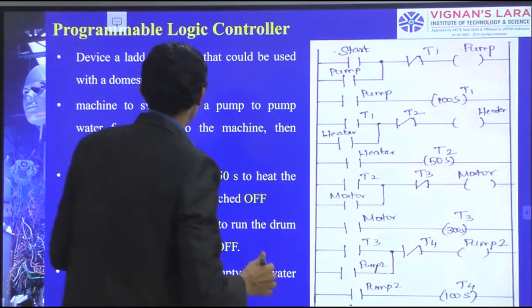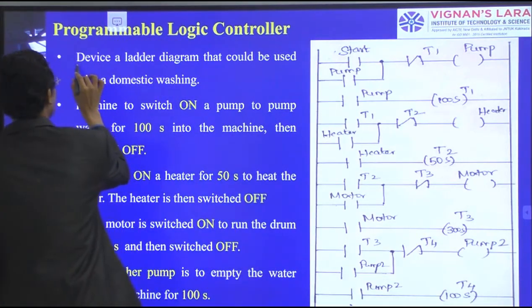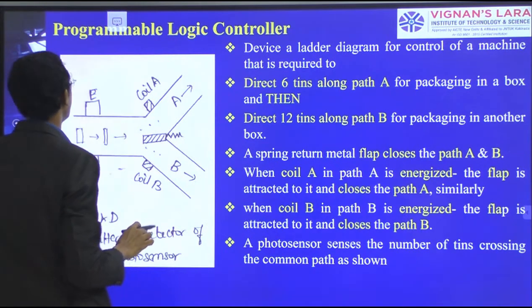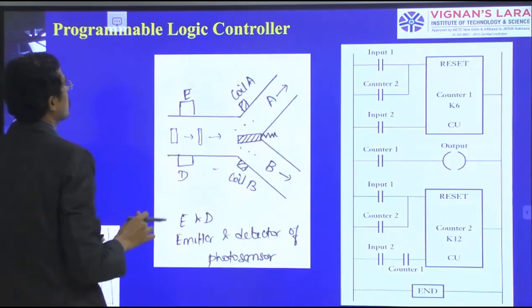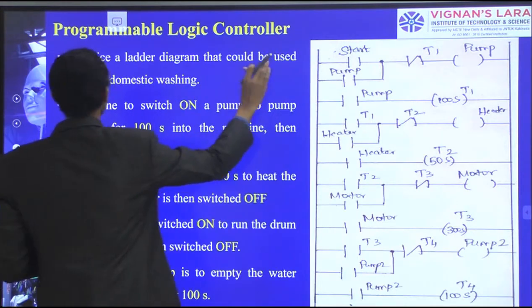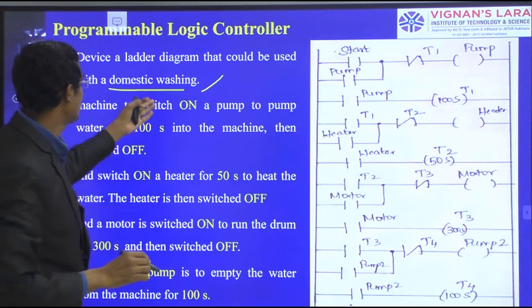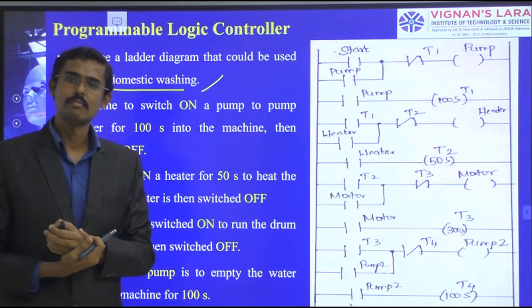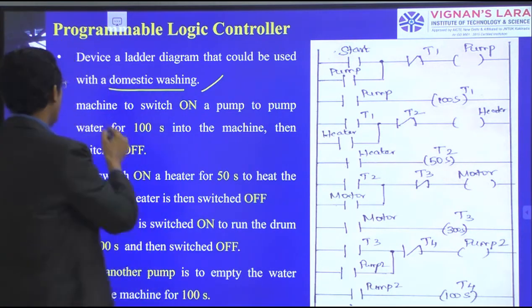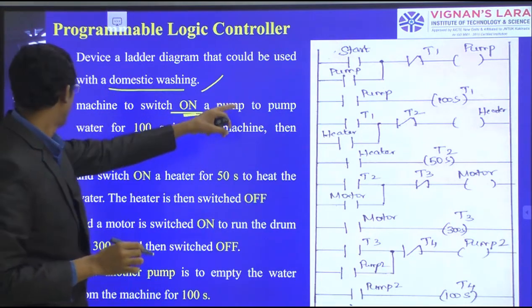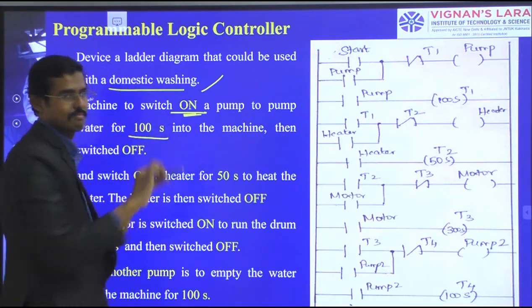Next, we are moving to a case of a ladder program that could be used for a domestic washing machine. I have taken a simple washing machine arrangement here: a machine to switch on a pump to pump water for 100 seconds.